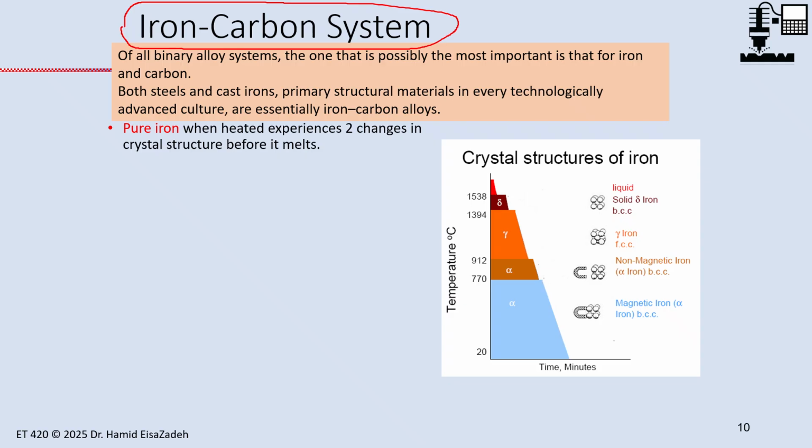First, pure iron is polymorphic, so it means when you heat it, it will have a different type of crystal structure. Here you see the temperature and the property of the pure iron. From room temperature up to 700, we have BCC structure.